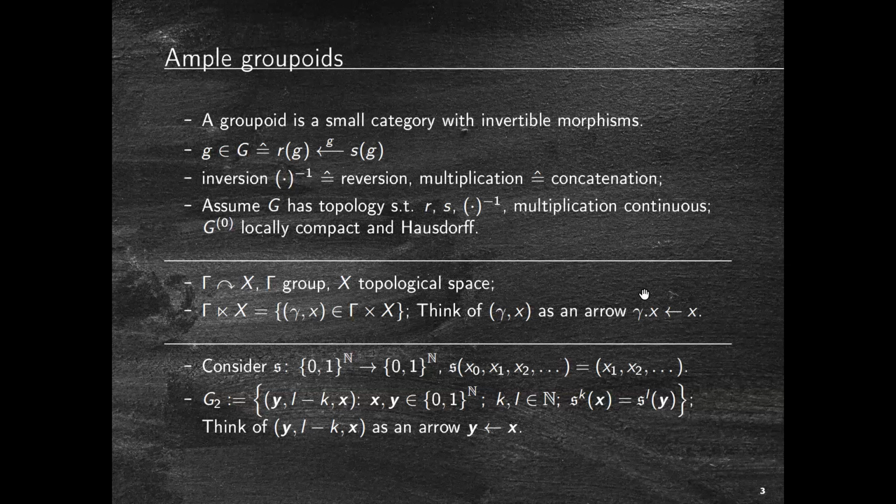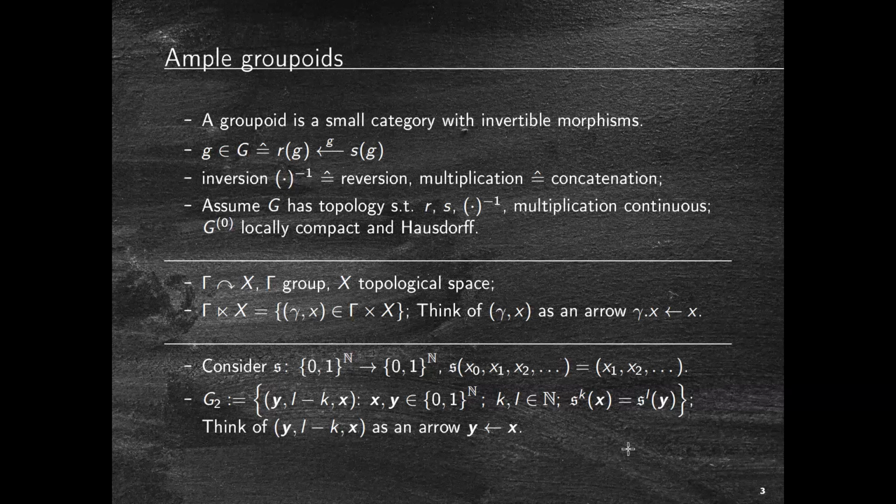For the first example, this is clear by definition, because the orbit of X is precisely the set of points of the form gamma dot X. But also in the second example, you were looking at the orbits for the shift equivalence. So all infinite paths that are shift equivalent to one another will be connected by an arrow. And that's somehow the idea that groupoids are a convenient notion to describe orbits.